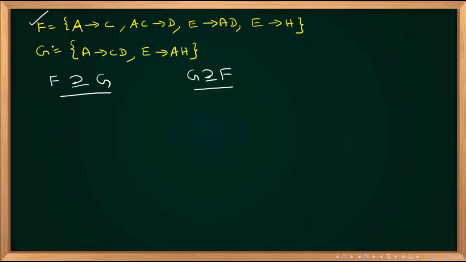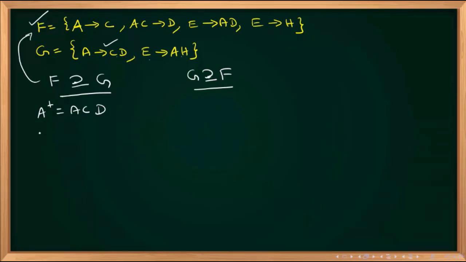Now F I am having, so I need A to CD. Here I will take A closure, which is equal to AC. AC determines D is there, so I can stop because A to CD is coming. Now I need E to AH.